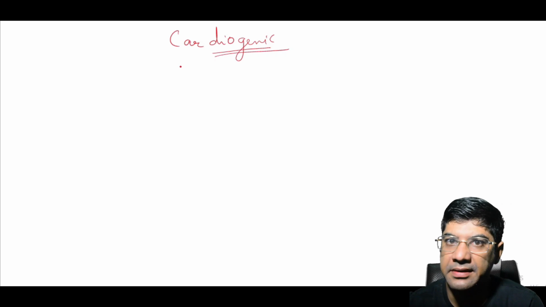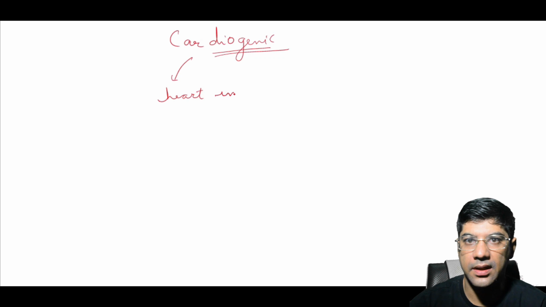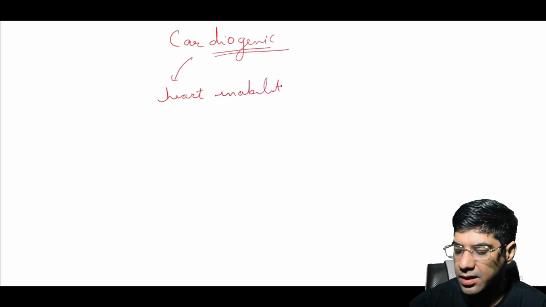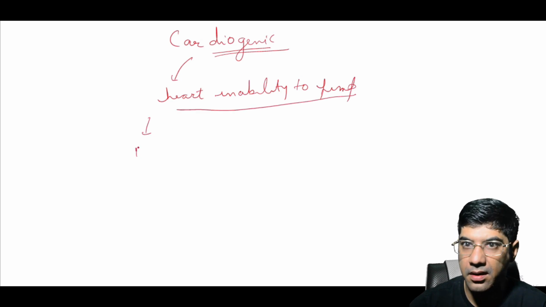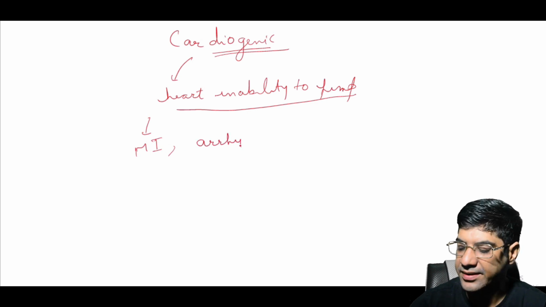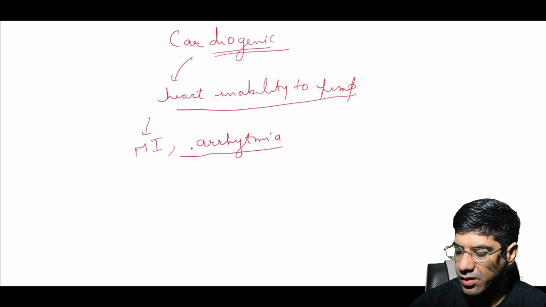The other is the cardiogenic shock that results from the heart's inability to pump effectively, and it is seen in conditions like myocardial infarctions or severe arrhythmias.